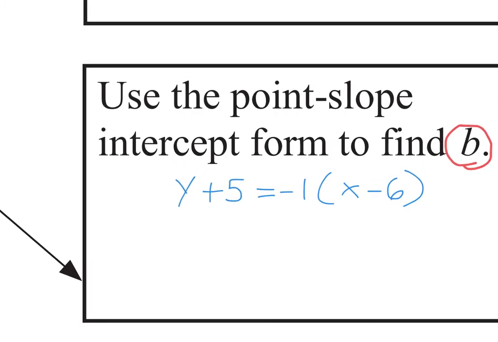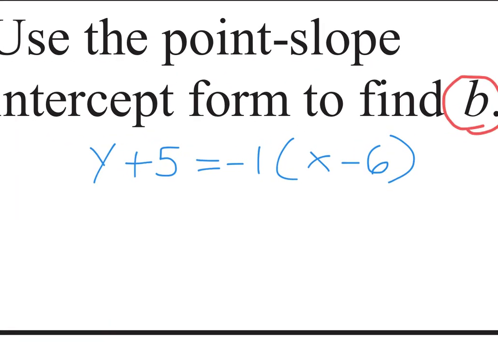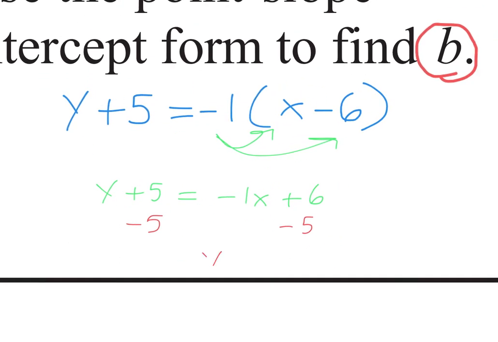Now, what's special about this from point slope is that we can find that same thing very easily. Okay. So when we do this, what we're going to do is distribute the slope. So we have y plus 5 is equal to -1x plus 6, and then solve for y. Y is equal to -1x plus 1.